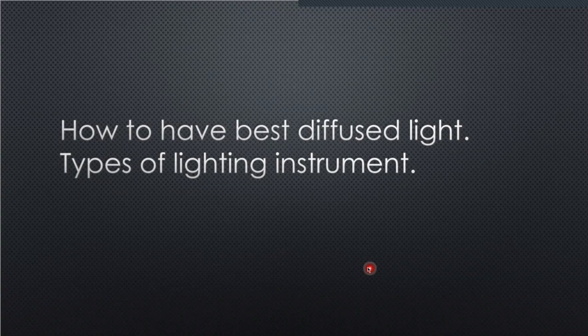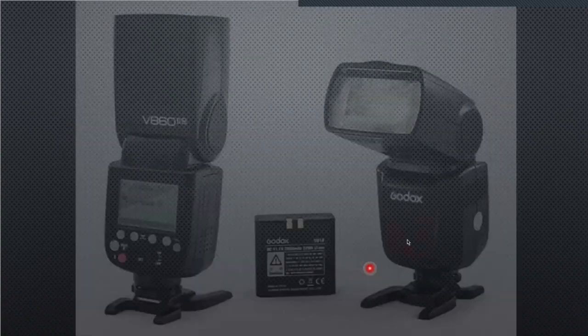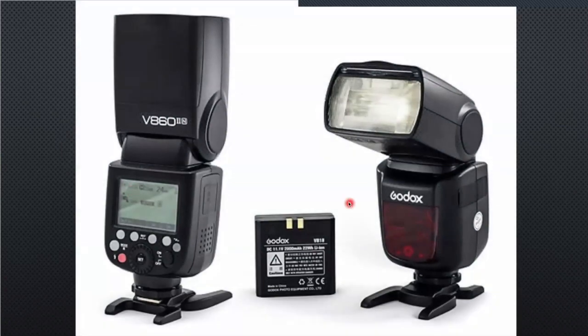So one of the easiest flash which is quite common, which most of us are using, is these Godox flashes. Godox is a company which sort of revolutionized as far as the price of a flash as well as the quality of flash is concerned. In recent years, nobody really buys proprietary company flashes.